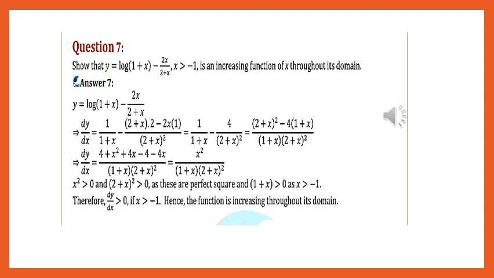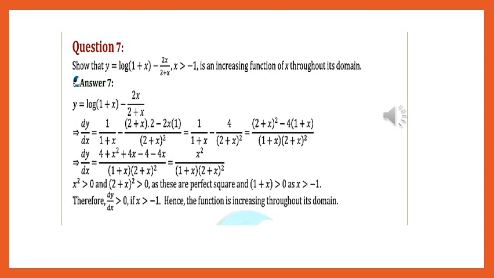Now we have taken LCM and simplified. So we have dy by dx is equal to x square by 1 plus x into 2 plus x the whole square. Now we want to show that the sign of dy by dx is greater than 0.